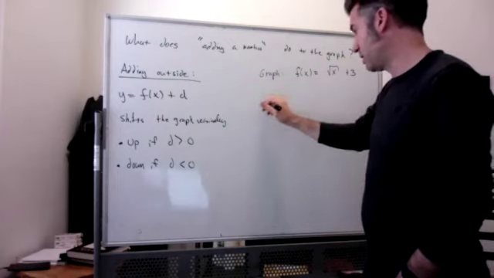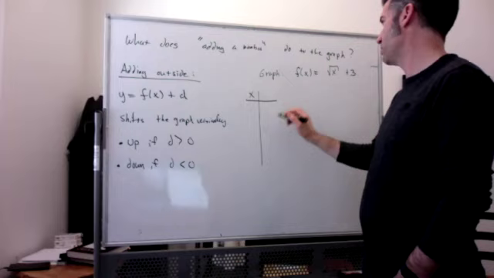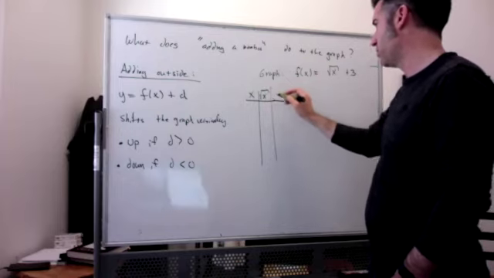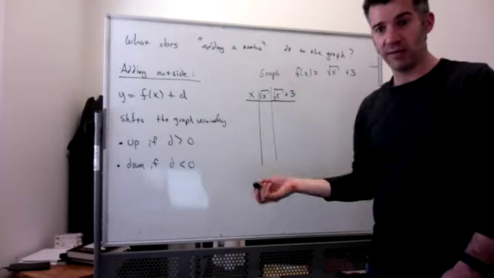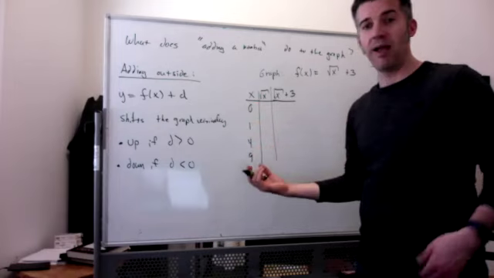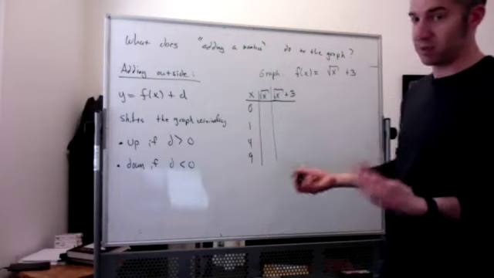But we can kind of also see this, right? If I make a table again of my x values and my y values, let's make a 3-part table. I'm still going to pick my usual nice x values, 0, 1, 4, 9, etc. And again, you're not limited to these. You could actually pick any positive number for x, but these are the nice ones.